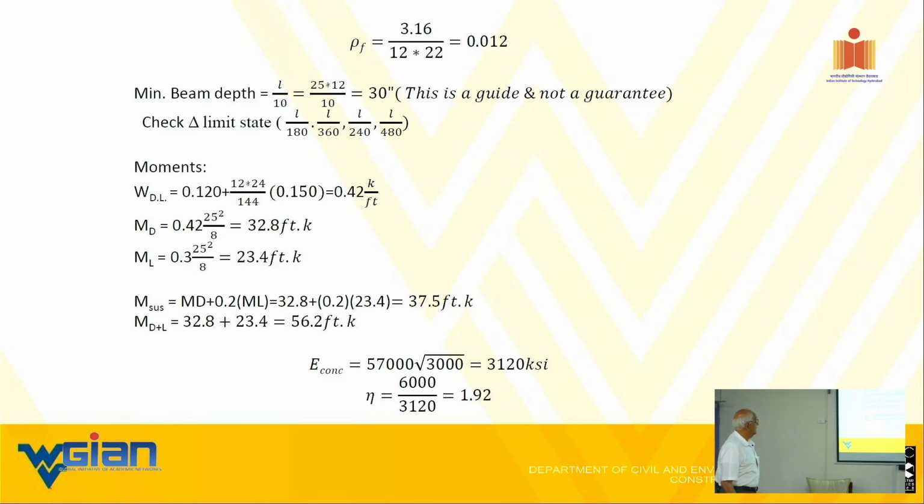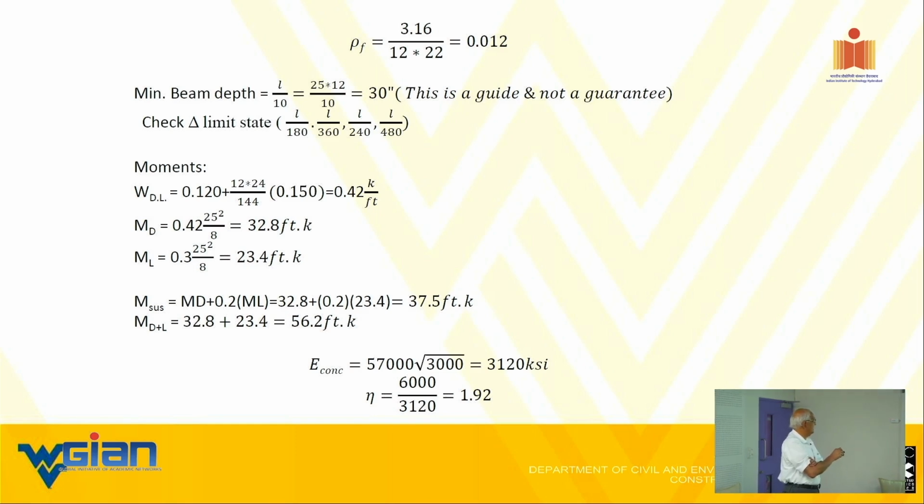So again, we will go through the same. Here, the important message I want to provide you with is the deflection limit based on creep, based on sustained load. The code is saying this is the key step.